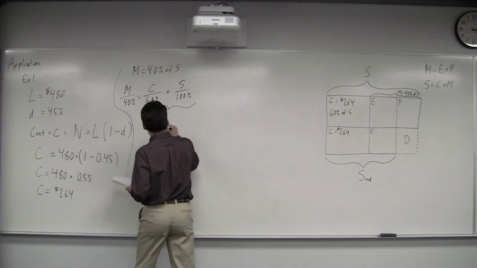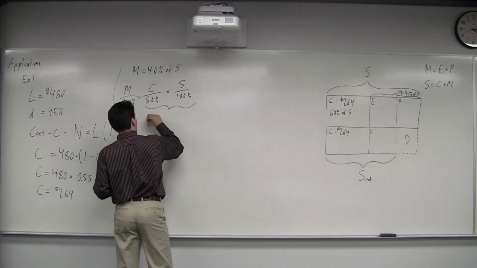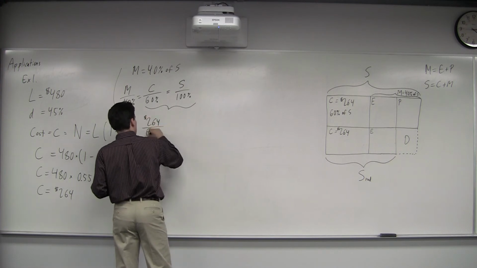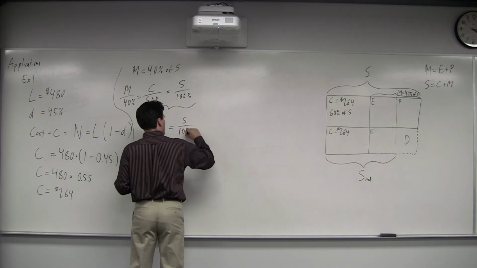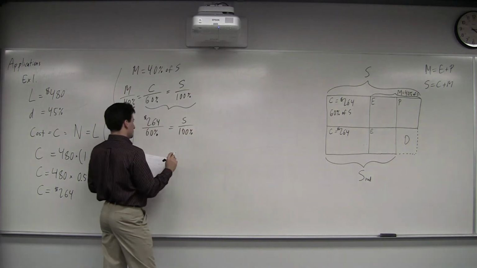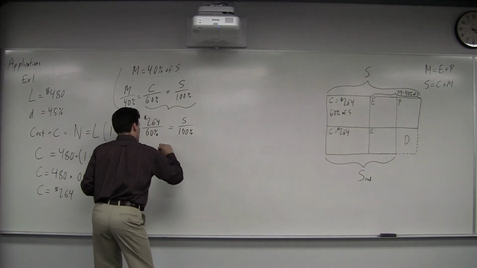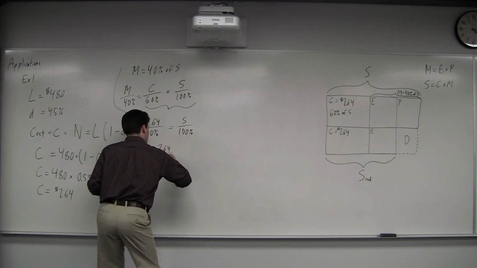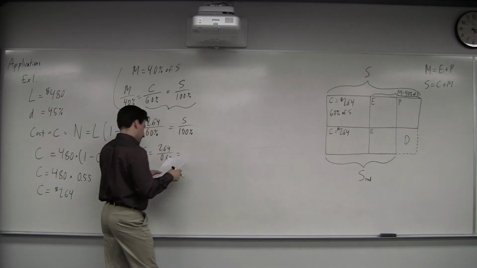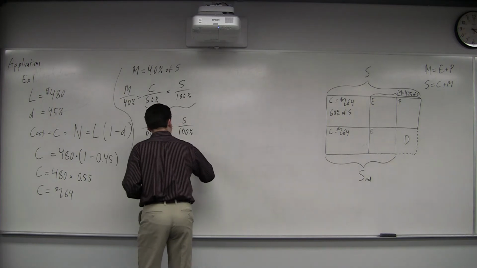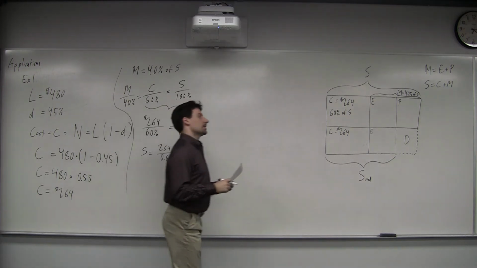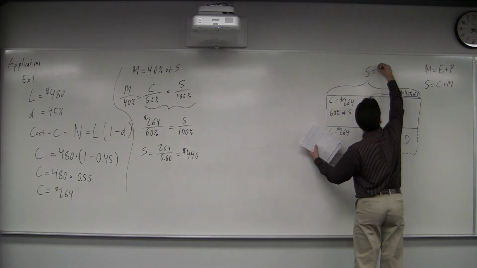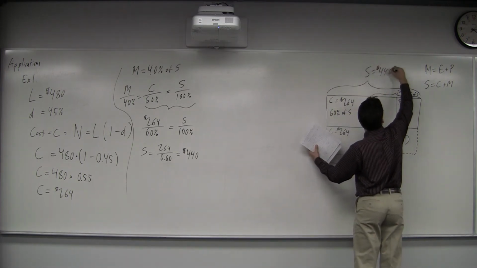So a cost of $264 is 60%. How much is the selling price of 100%? Selling price equals 264 divided by 0.60, which gets me $440. Great. So the regular selling price is $440.